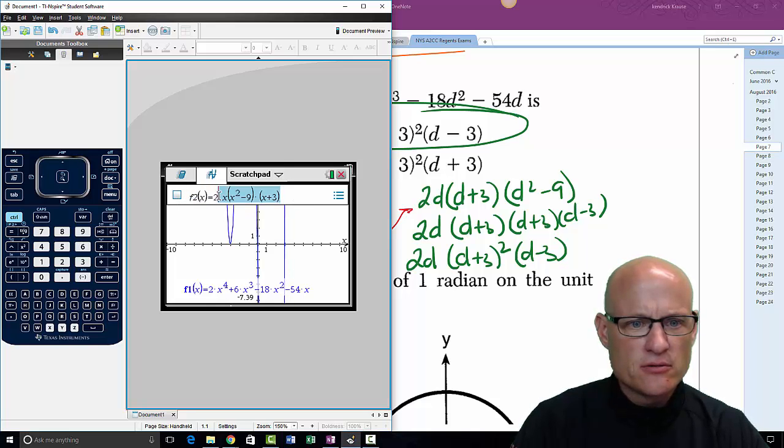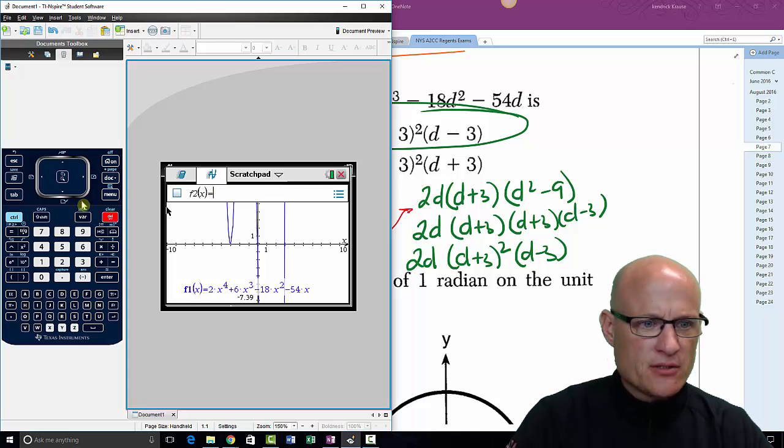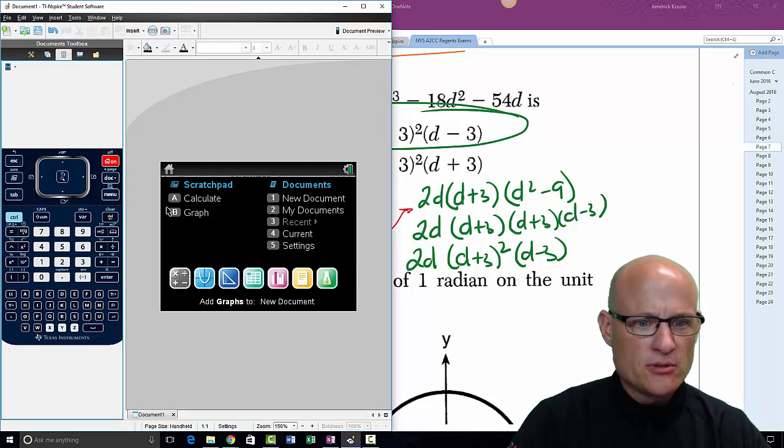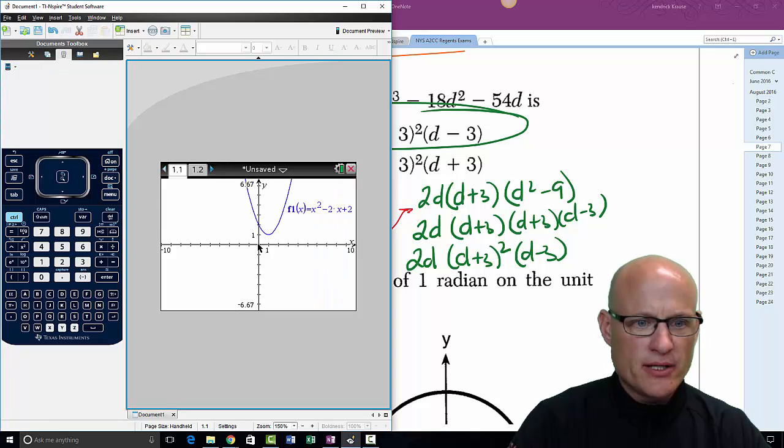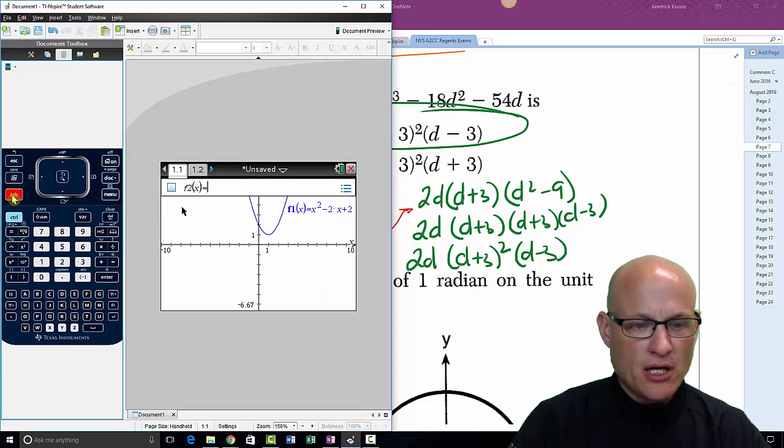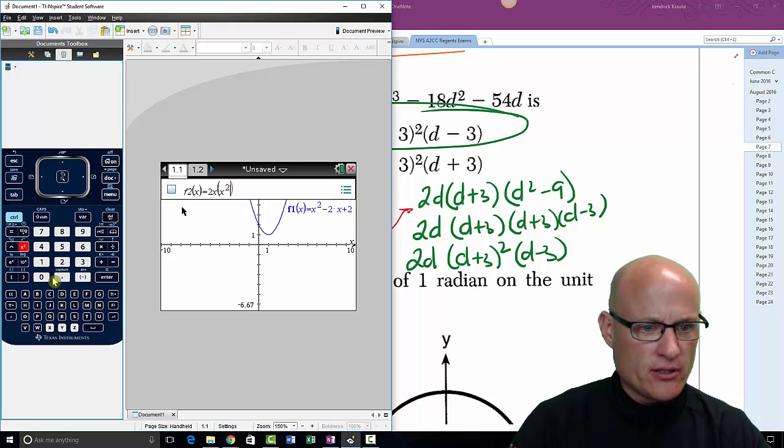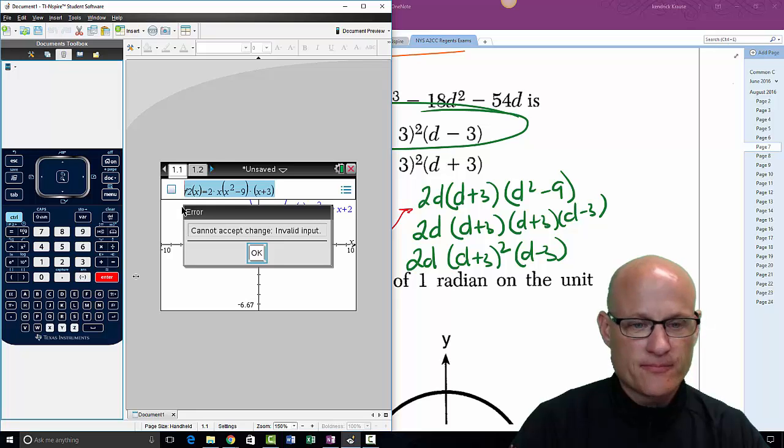Okay. Doesn't like that, so let's try it again. Home, graph, tab. All right, maybe this will be better. Let's try it again. 2x, parenthesis, x squared minus 9, parenthesis, x plus 3. Enter.